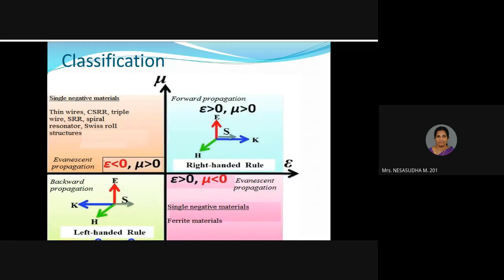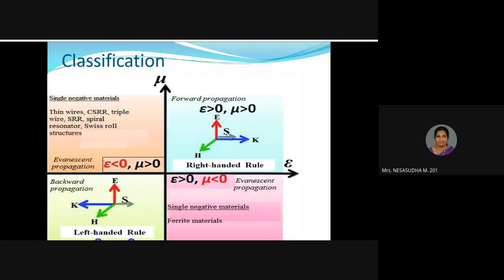Most materials follow this category, where epsilon is greater than 0 and mu is also greater than 0. As per the diagram, the wave will propagate in the forward direction. Most of the materials come under this category.